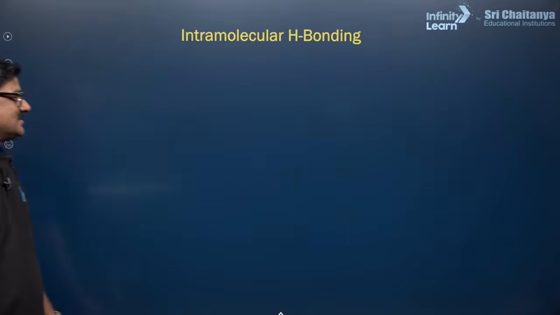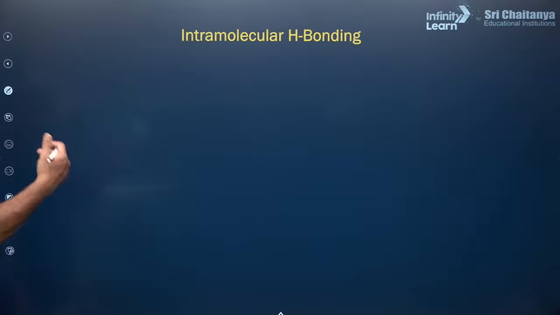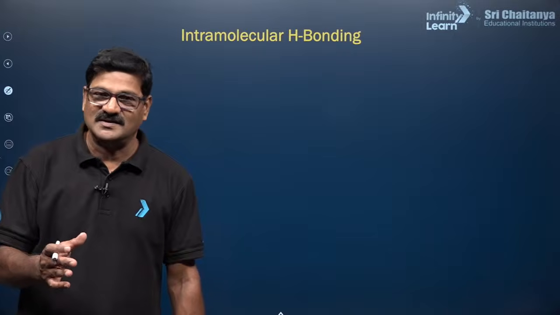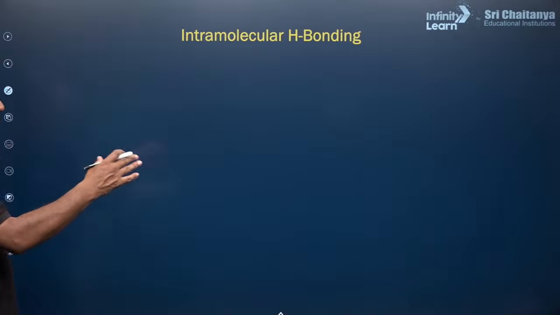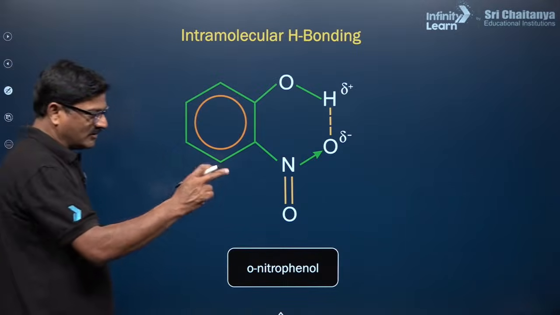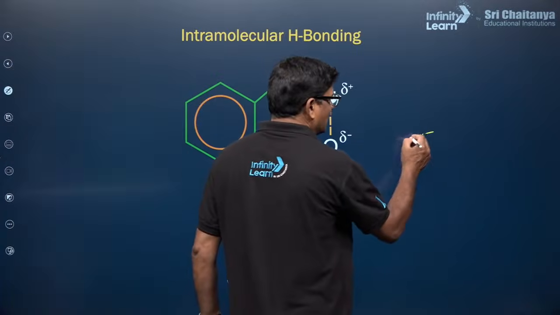Now, intramolecular hydrogen bonding is the hydrogen bonding within the molecule. You can say this is ortho-nitrophenol. Look at this.